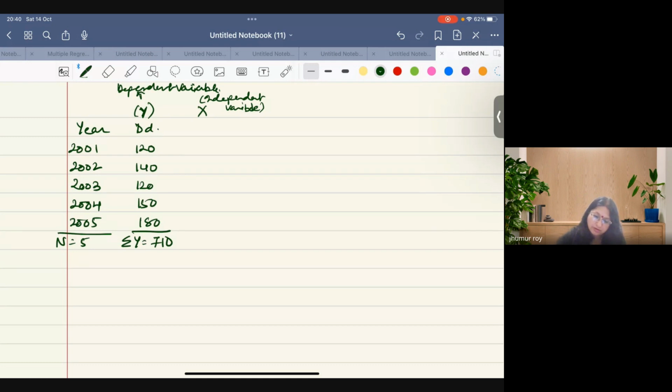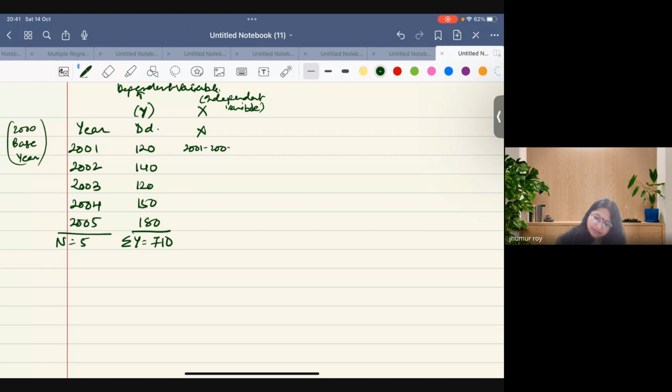Okay, so for that purpose what we are going to do is we are taking deviations from x. So here when we write x, we will say that we are taking 2000 as the base year, and from there we are going to calculate deviations. How do we calculate deviations? That means 2001 minus 2000.